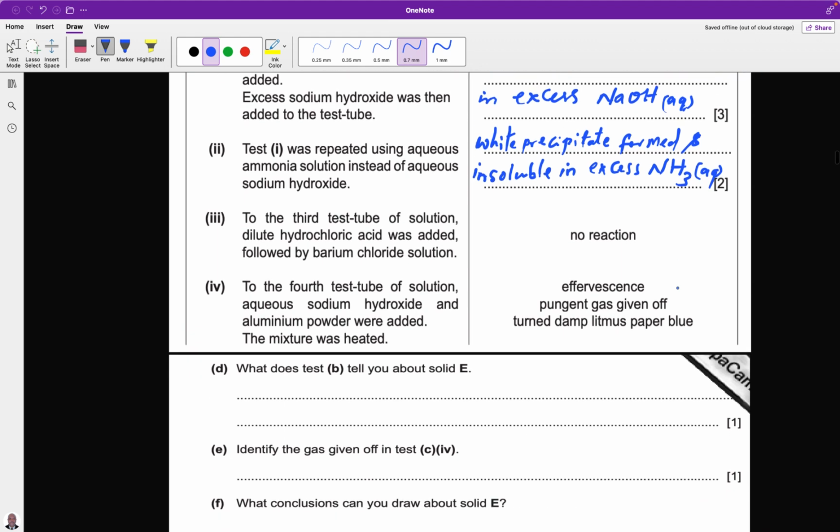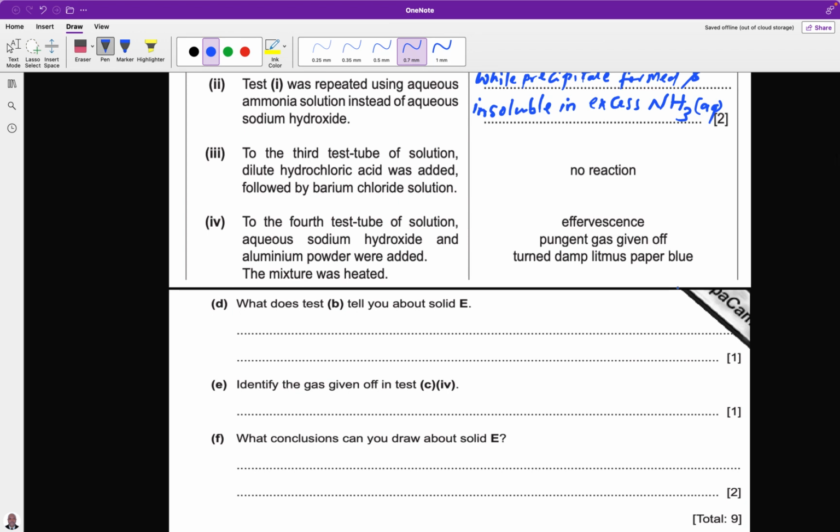Now, D. What does B tell you about solid E? The solid E contains water.